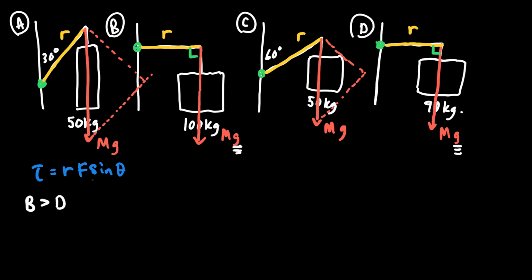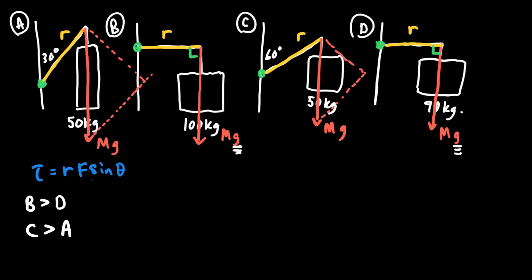So the next thing that I would point out is that because A has a smaller angle, we get a smaller torque. So that means in case C, you must be getting a bigger torque than in case A. Again, look at C. Yeah, the masses are different compared to B and D, but C, the rod is oriented more like B and D, where we're going to be getting bigger torques because the force and R are perpendicular to one another.